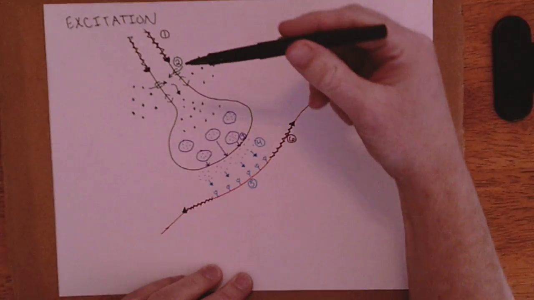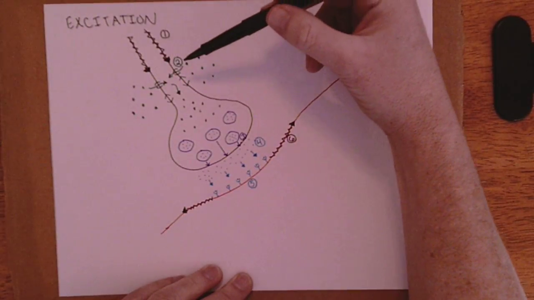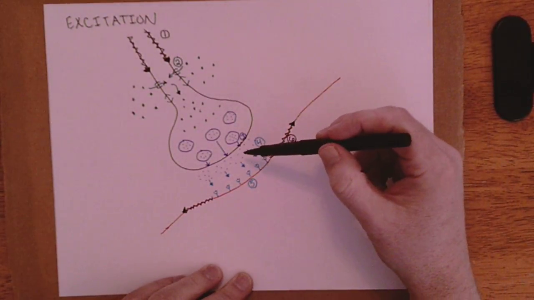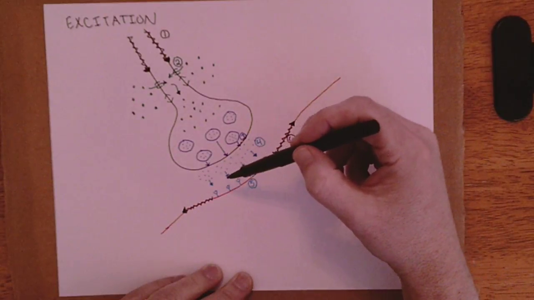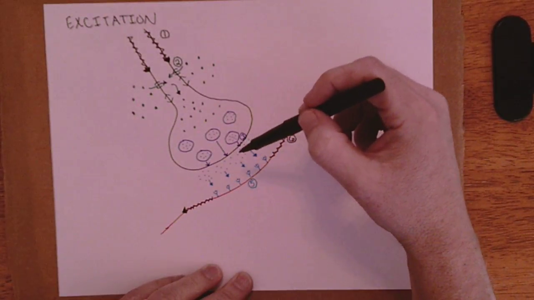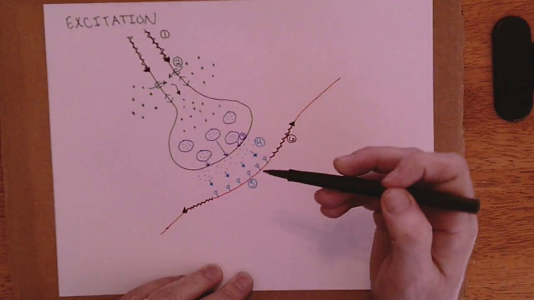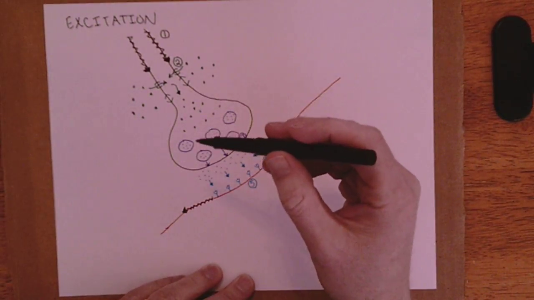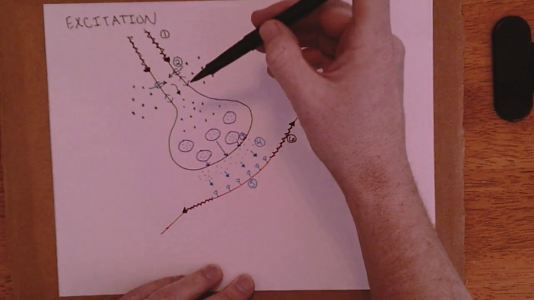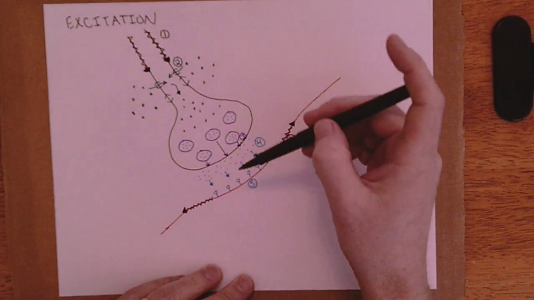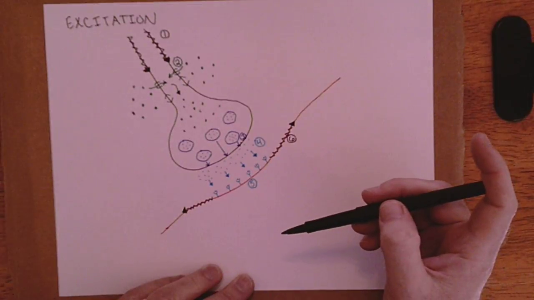So the challenge was, how do we get electrical excitement in this cell to transfer to this one? The issue was the cleft. There is a gap here. So the electricity cannot physically transfer from one cell to the other because they're not touching. So what we needed to do was change the message from an electrical one to a chemical message and back to electrical again.